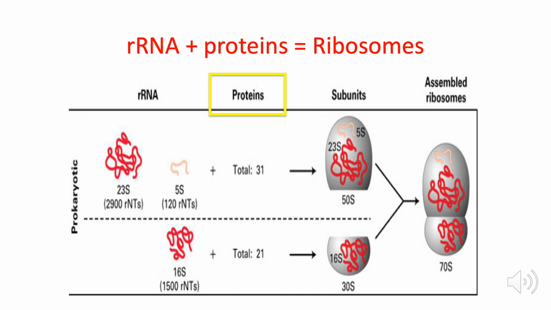The ribosomes that you saw on the previous slide were assembled by the combination of ribosomal RNA plus proteins. So meaning, we can never form these ribosomes without the ribosomal RNA. And ribosomal RNA is produced by the nucleolus inside the nucleus.